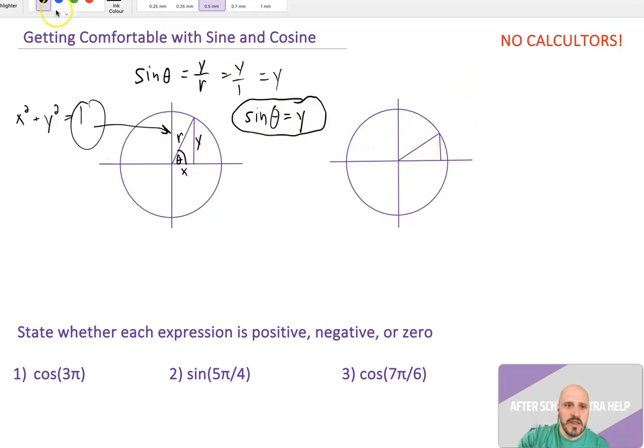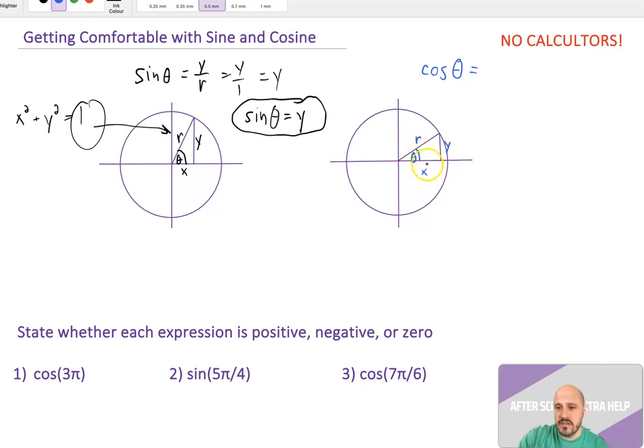Similarly, let's take a look at cosine. What's cosine equal to? If I label a little angle in here, call it theta, this is my side x, this is my side y, and I'm going to call the hypotenuse r. Cosine is adjacent over hypotenuse.